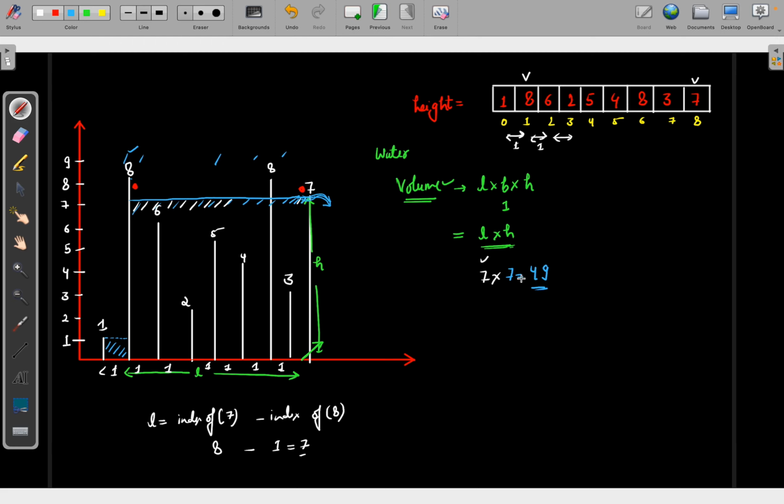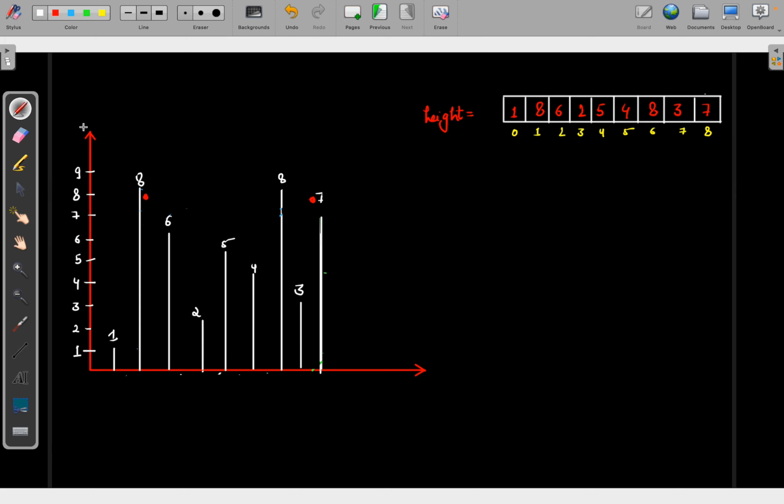Okay. Now let's check how we can come up with any idea, any approach that works here. So let's think of the first one, the brute force approach. Let me quickly copy this.